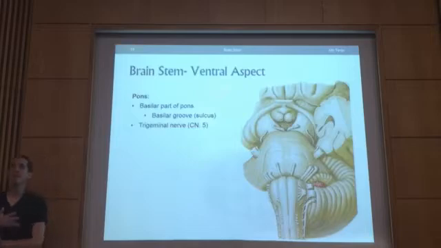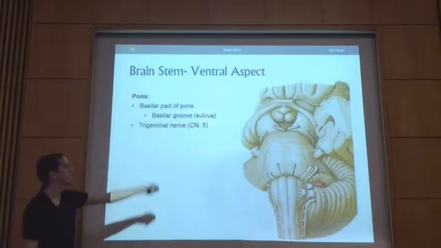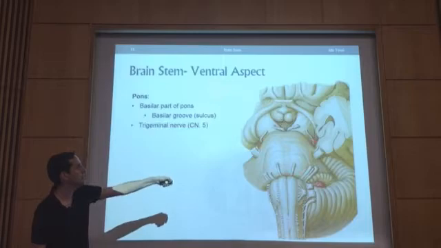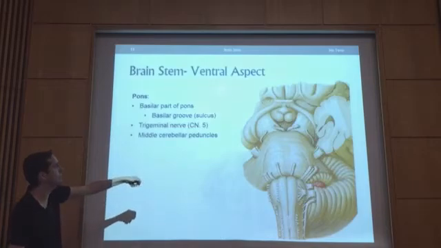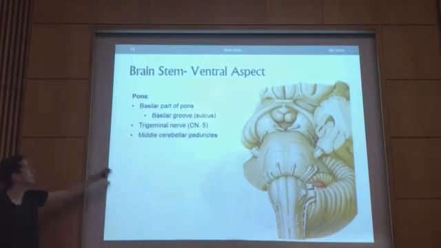And the trigeminal nerve marks the border between the basilar part of the pons, the basic part of the pons, and the more lateral part of the pons. The more lateral part of the pons, you can see it here, again this is white matter, is the middle cerebellar peduncle.